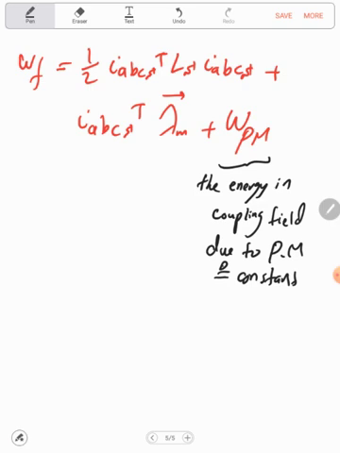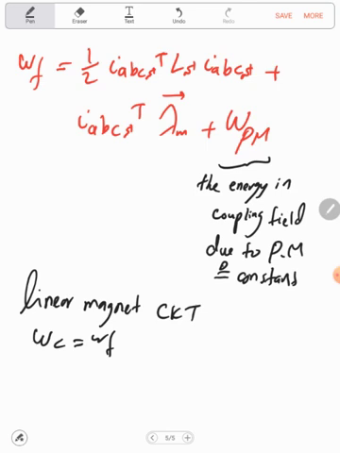So because we are assuming a linear magnetic circuit, this means that omega C is equal to omega F. So now we have omega F here.